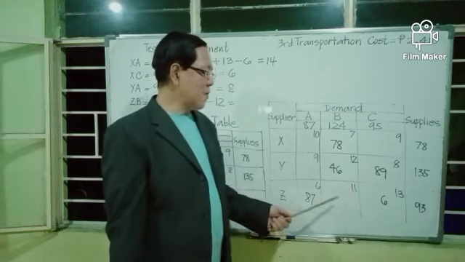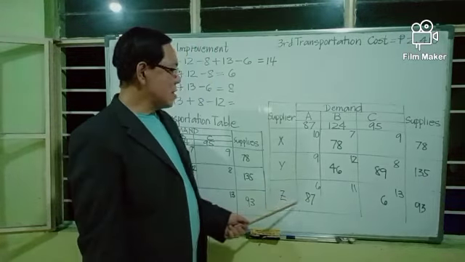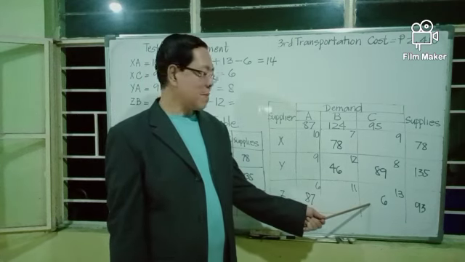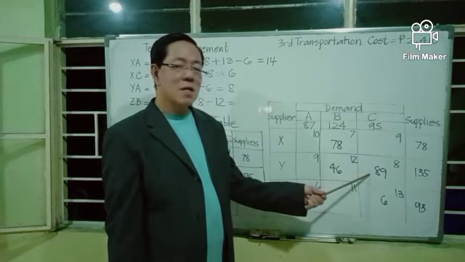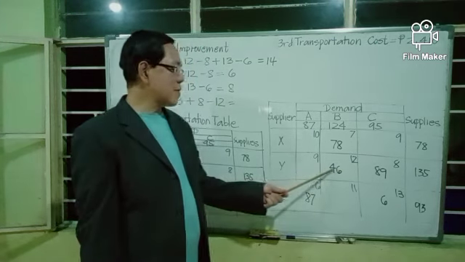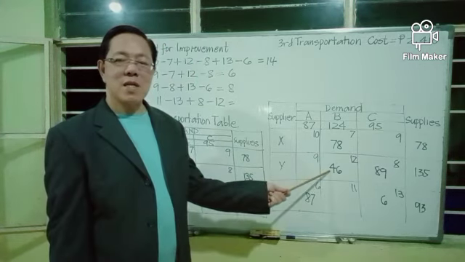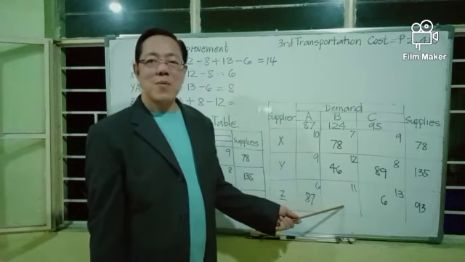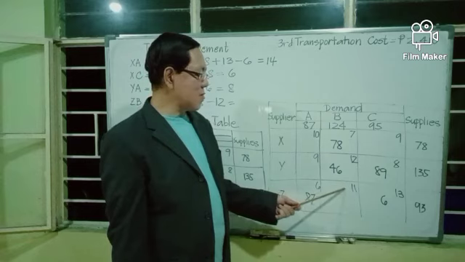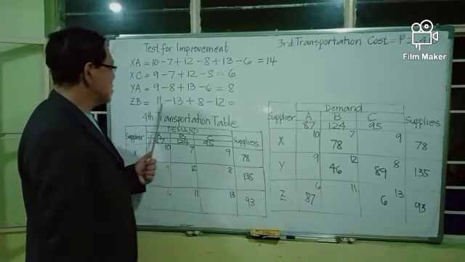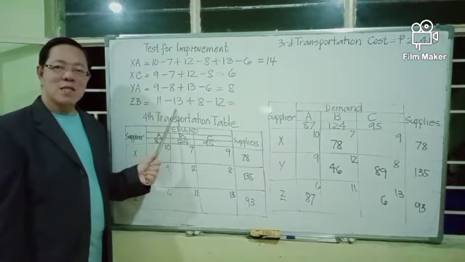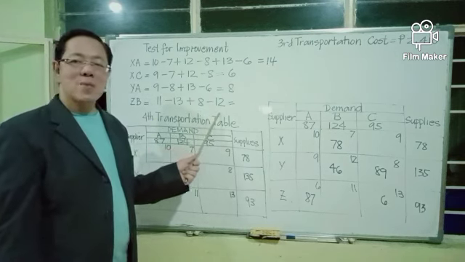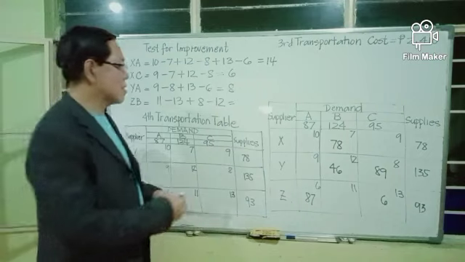Again, the closed spot for this vacant cell CB is horizontal to the right, 6, vertical upward to 83, horizontal to the left, and vertically downward back to the vacant cell CB. We compute the net cell cost for this vacant cell. We have 11 minus 13 is negative 2. Negative 2 plus 8 is 6. 6 minus 12 is negative 6.